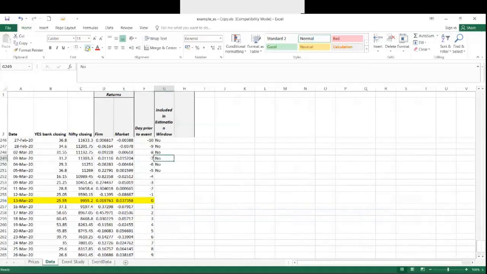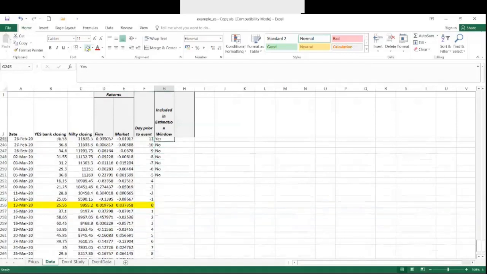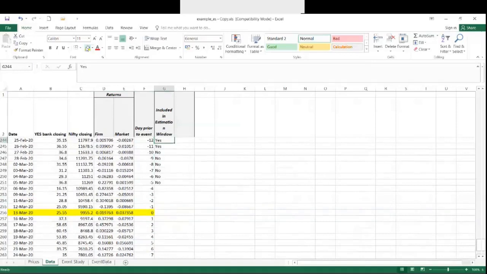Now, how do I include the observations in my estimation window? Typically for the event window, you want to see the effect of the event, plus or minus the day of the event, then plus or minus 1 day, 2 days, 3 days, 5 days, up to 10 days. Usually we see the effect 10 days around the event. So you leave 10 days, and after those 10 days before the event, you start the estimation window.